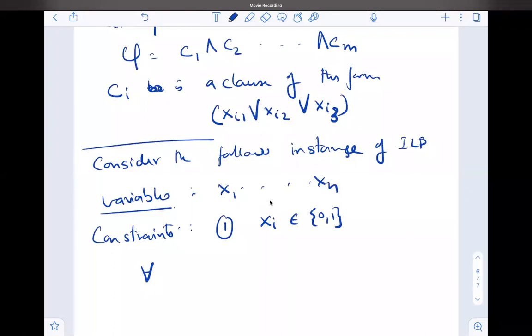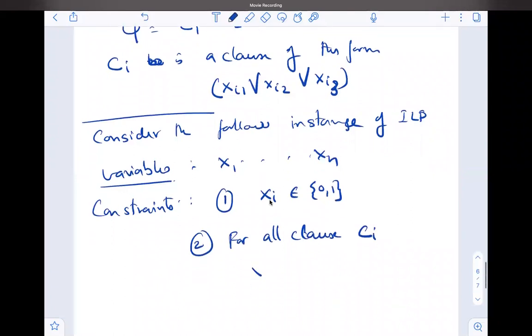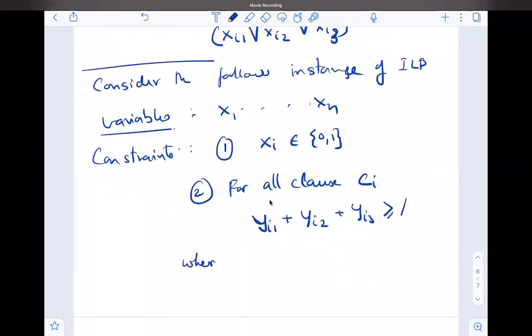The second constraint is that for all clauses Ci, xi1 plus xi2 plus xi3 is greater than or equal to 1, yi1 plus yi2 plus yi3 is greater than or equal to 1, where yi1 equals xj if yi1 is just xj.